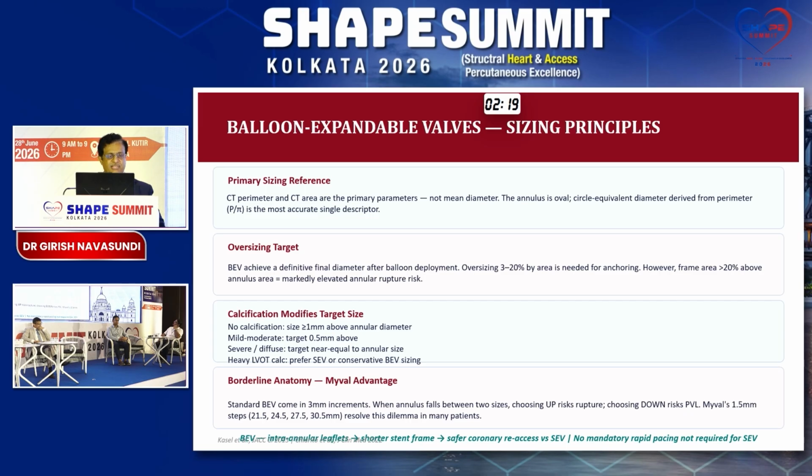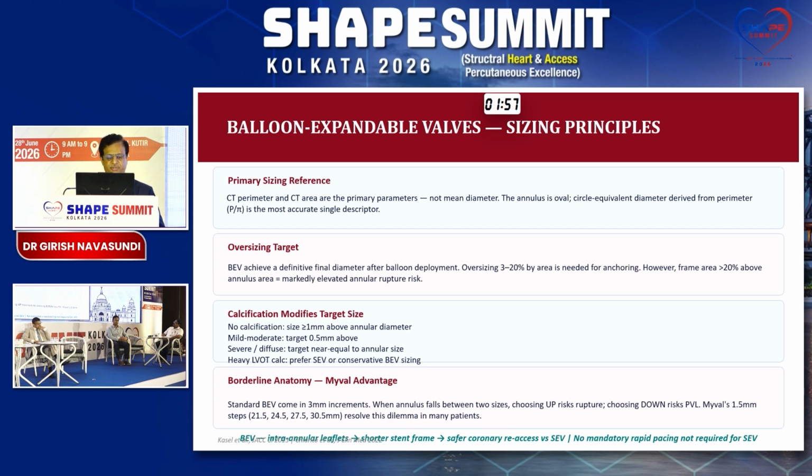Coming to the primary sizing references, what modifies them? If there is no calcification, use a size equal to or more than 1 millimeter above the annular diameter. If there is mild to moderate calcification, target 0.5 millimeter above the annular size.